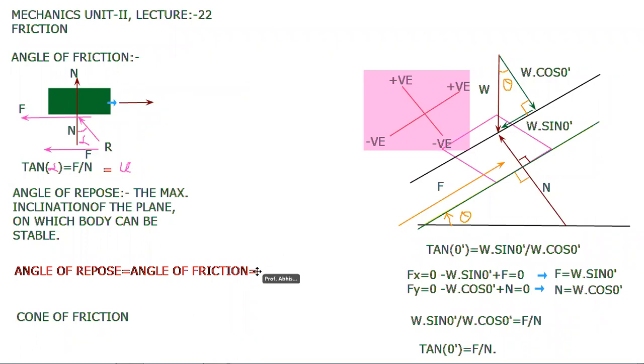Coefficient of friction means F by N is equal to mu, which is equal to tan alpha.